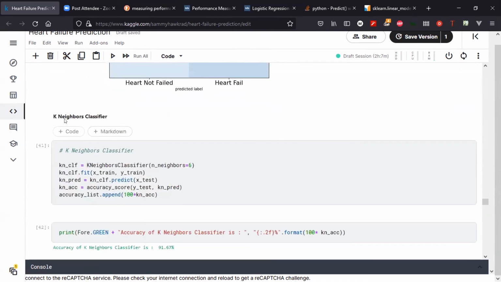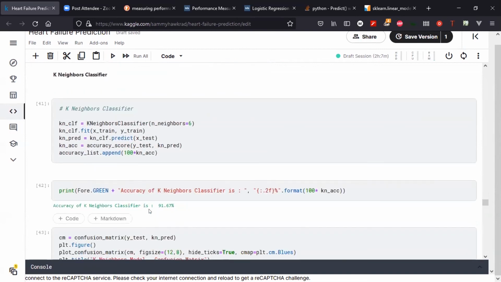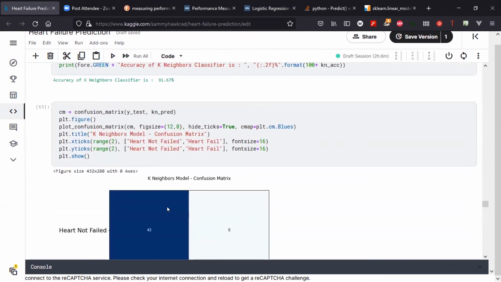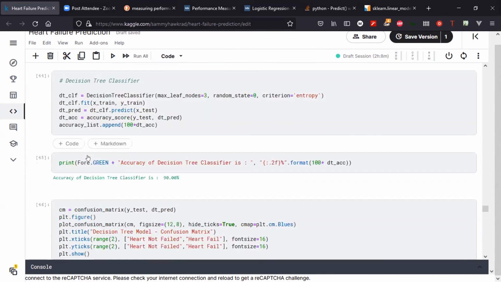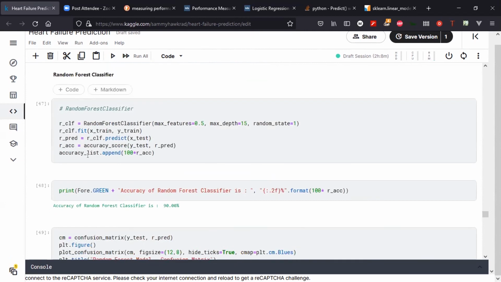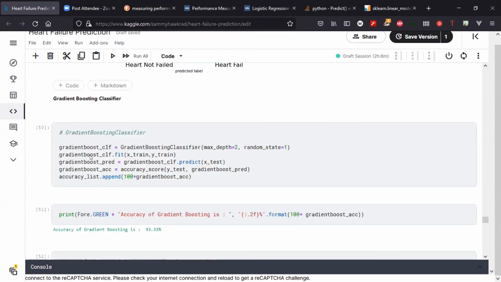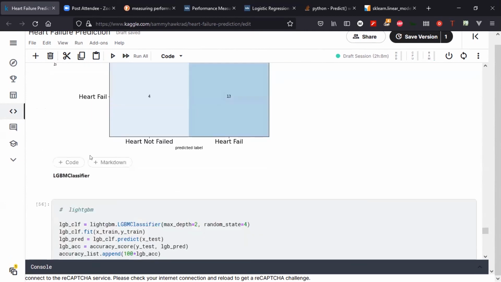We have the k-neighbors classifier, which had an accuracy of 91.67%. So there are several algorithms that were used in this training, and we can compare their results down here.